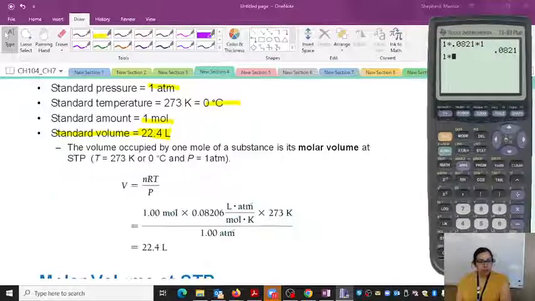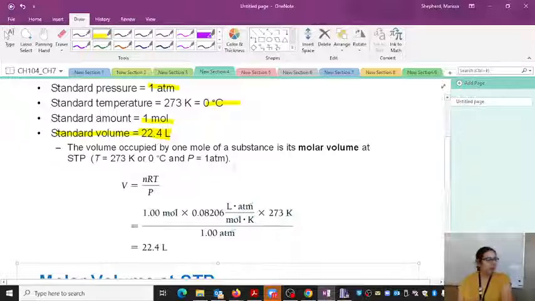So 1 times 0.0821 times 273, divided by 1 atm. That gives us that 22.4 liters. Again, that's just our molar volume.